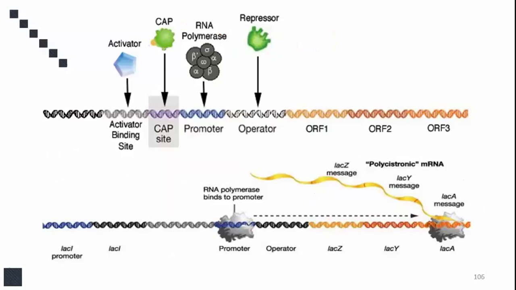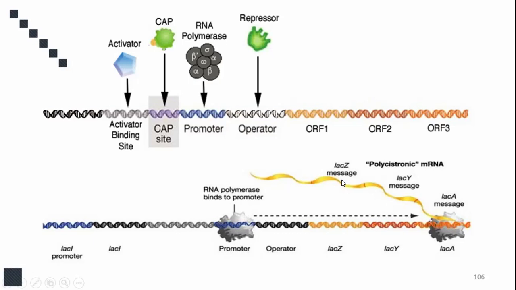So in a typical operon model, this is what you get to see. The regulatory region is what you are seeing here upstream, and then what we call the ORF, which is simply the open reading frame. 1, 2, 3 actually represent the genes, or the structural genes, that we have just seen. Then from here, what you are seeing is a promoter, and the RNA polymerase will come to bind the promoter region and begin the work of transcription.